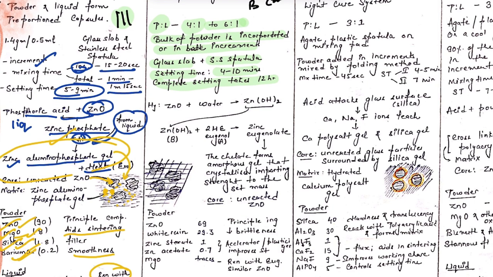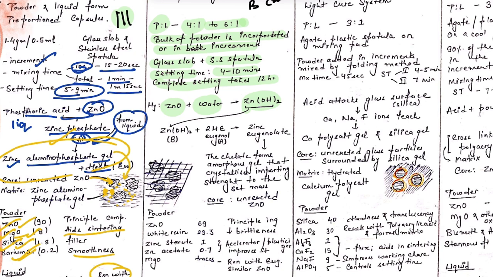Now coming to the reaction, it is a hydration reaction first. The first reaction is a hydration reaction where zinc oxide reacts with water to form zinc hydroxide. Then we have an acid-base reaction.